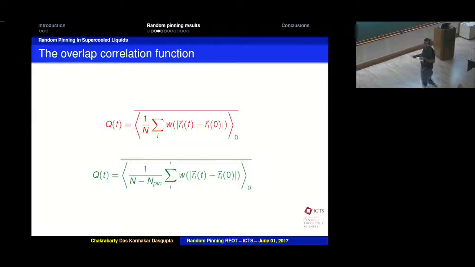And when you introduce pinning, the particles which are pinned by definition have not moved, so you exclude those particles, and this is the overlap correlation function. But in this case, you also need to average over the different realizations of the quenched disorder, the different realizations of the pinning.